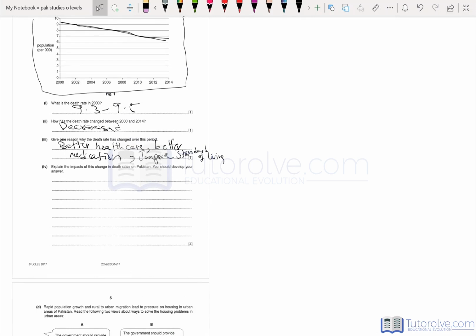Then you have the question which states, explain the impacts of this change in death rate to Pakistan. You should develop your answer. So obviously, elaborate on a point and then take it from there.